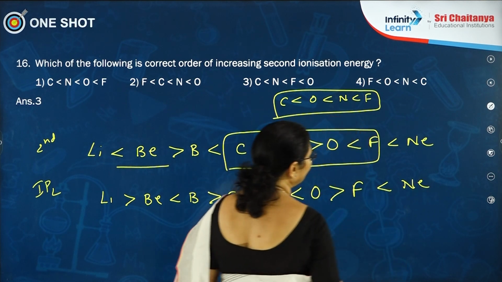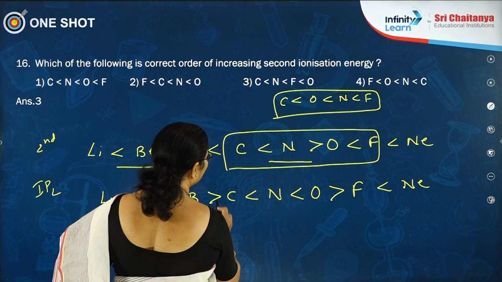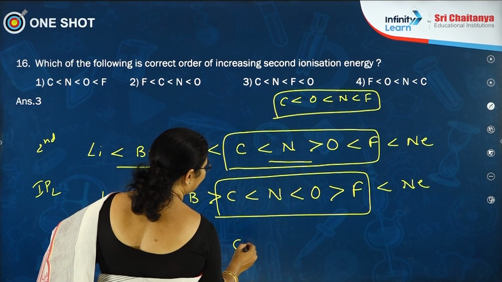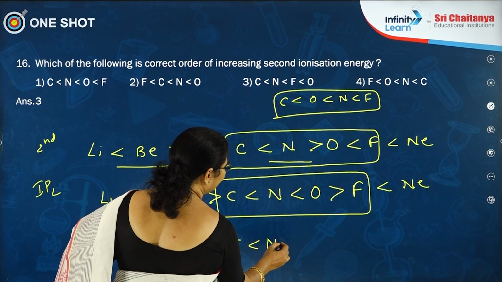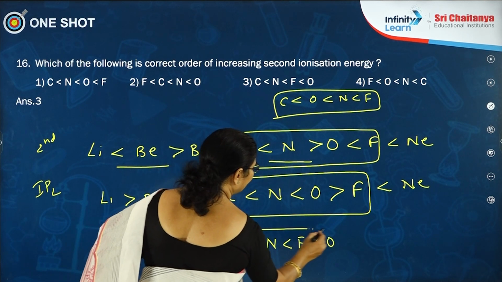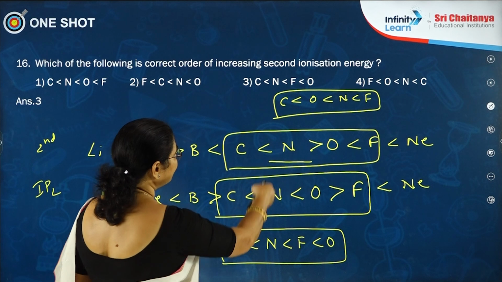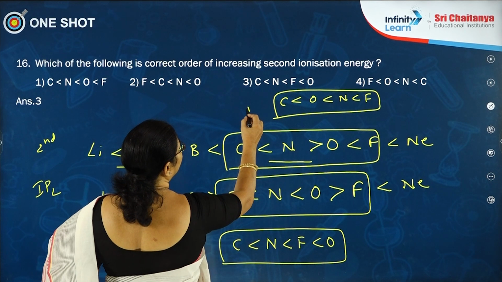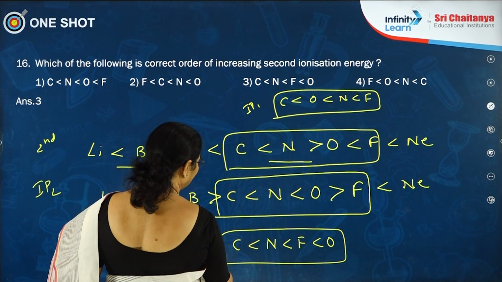This is the order to be followed. Second IP, you see these 4. Now arrange them: carbon less than nitrogen, less than fluorine, less than oxygen. This is the order to be followed. See the first IP, second IP. IP1 order, IP2 order.